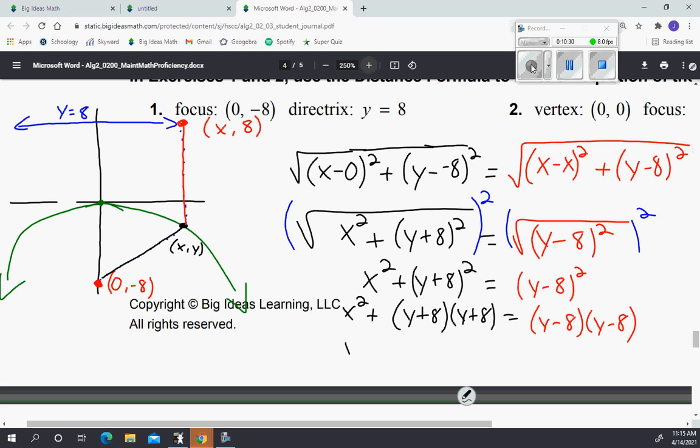So I still have x squared, plus if I multiply these two binomials together, I get y squared plus 8y plus 8y plus 64, is equal to y squared minus 8y minus 8y plus 64.